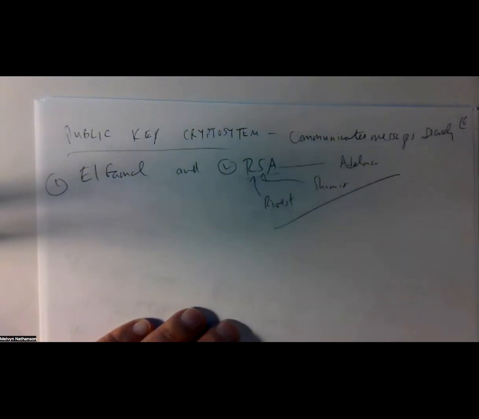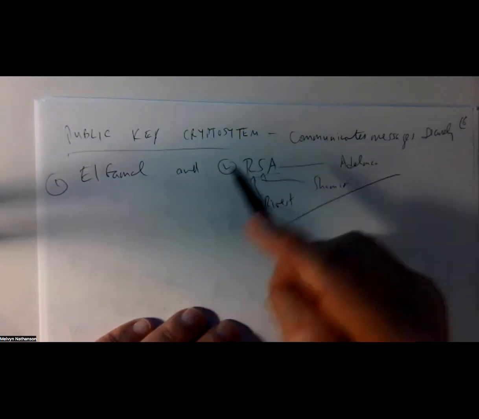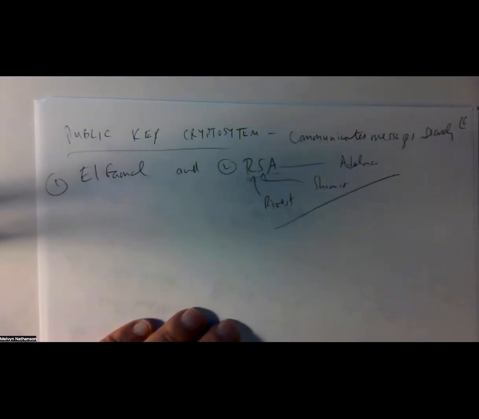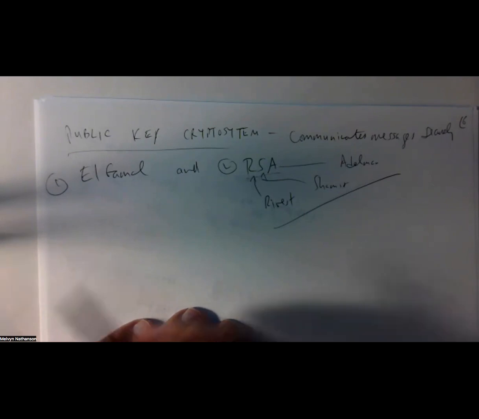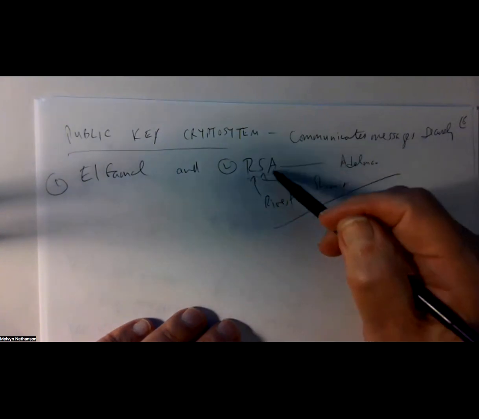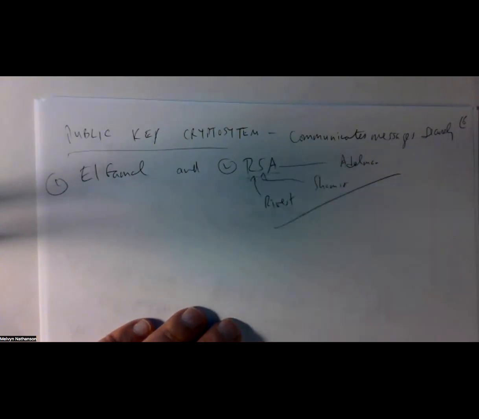And these three guys made a lot of money because anyone who wanted to use their system had to pay them for the use of their patents. And eventually, after a certain number of years, your patent expires. But for a long time, it was a lucrative thing for Rivest, Shamir, and Edelman. We're going to talk about this maybe tomorrow or Wednesday.